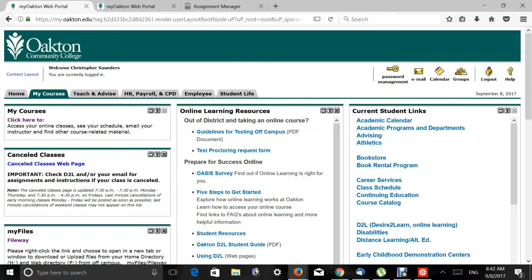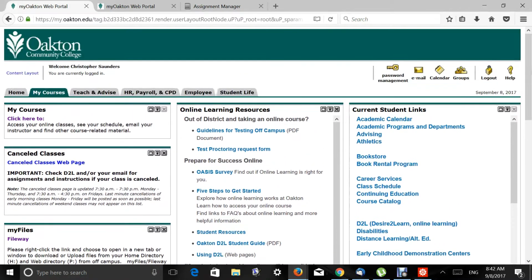And so what we're going to use is a program called Mathematica. And this is something that every Oakton student has access to. And so I'm going to show you how you can get that and then demonstrate how we'll actually use this program to answer some of the more complicated questions that come up.